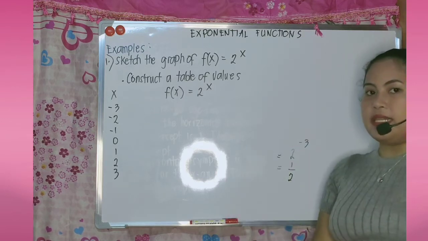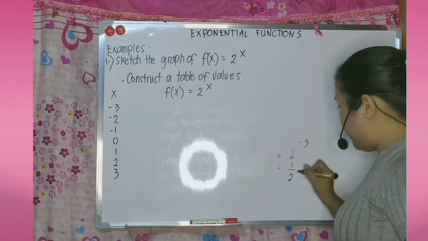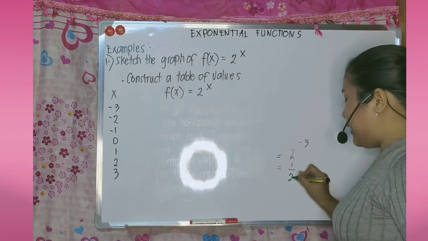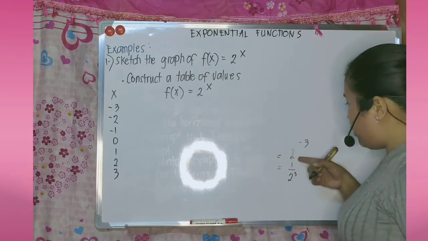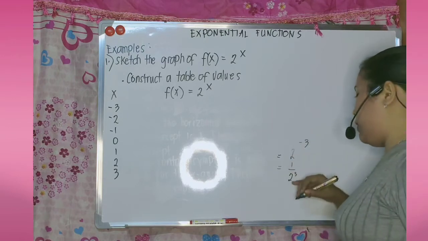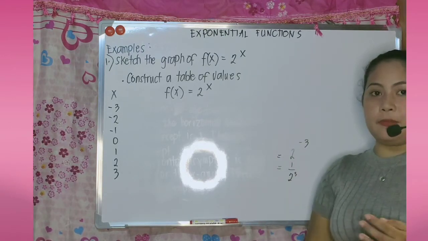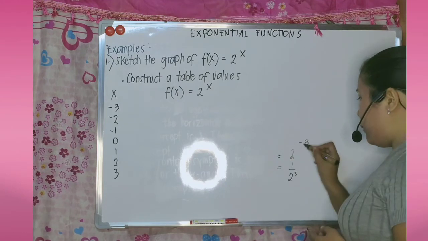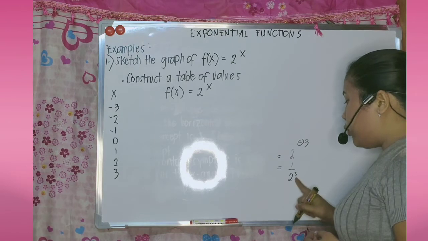Saan ba mapupunta yung 3? Mapupunta na siya sa exponent ng denominator, which is 2. Bakit po siya positive na? Kung kukunin natin yung reciprocal, mawawala na yung negative sign. So, 1 over 2 cubed.